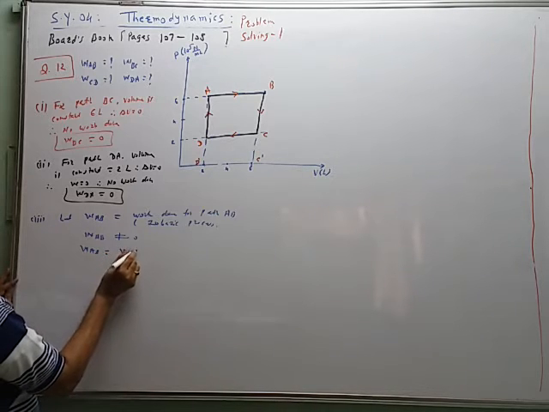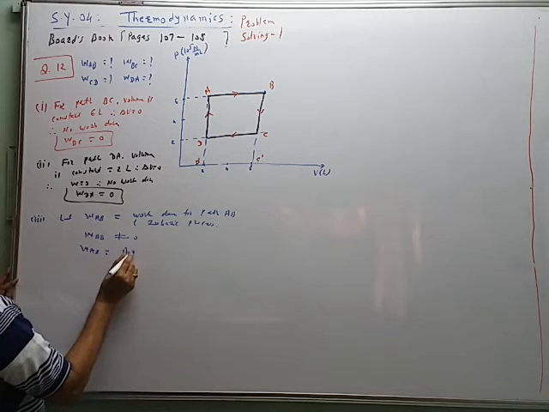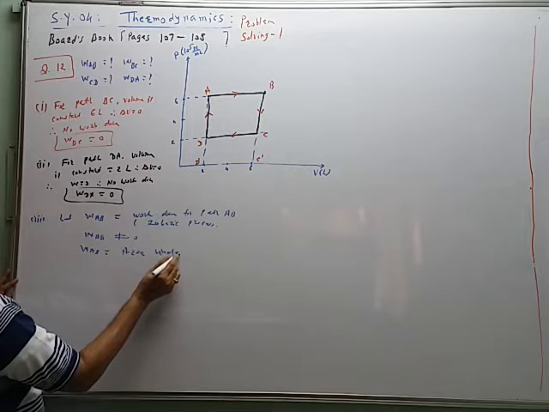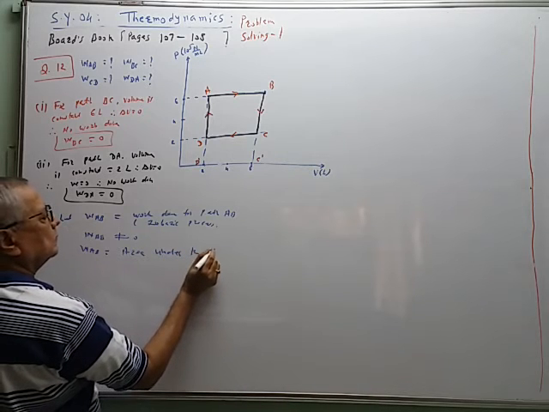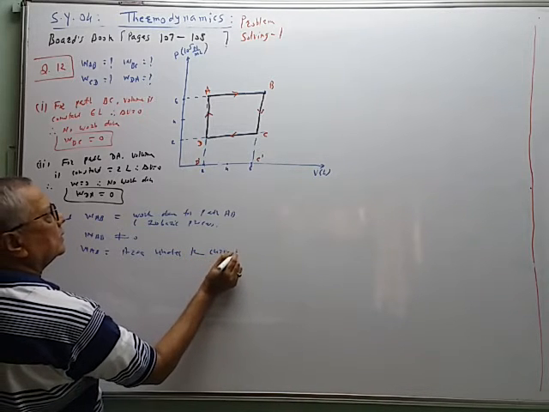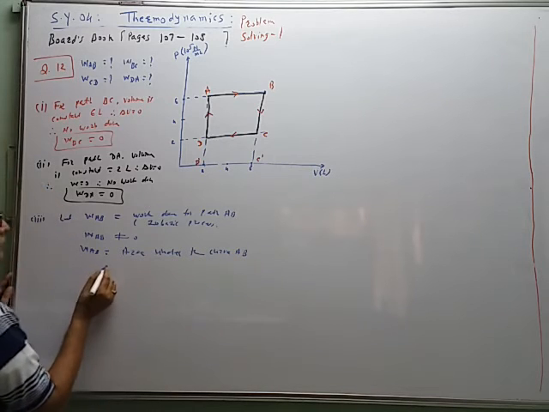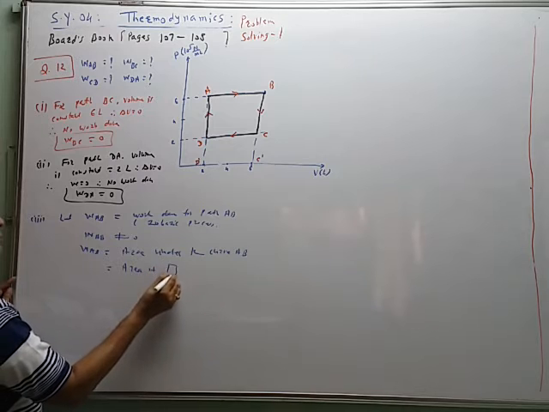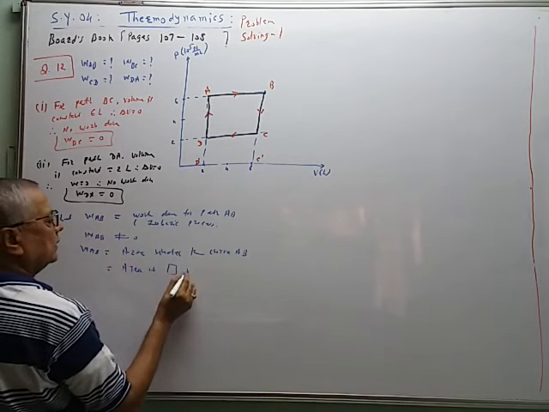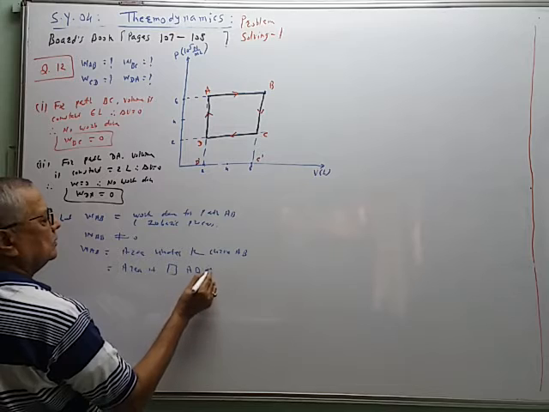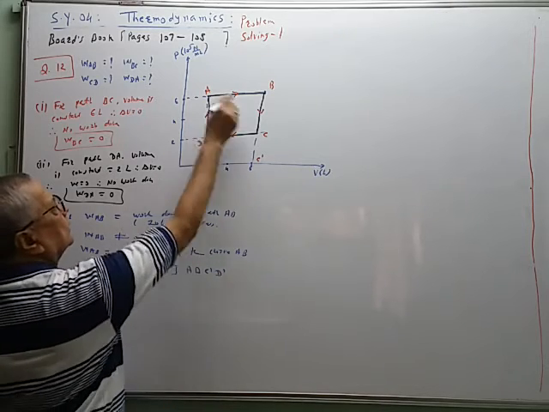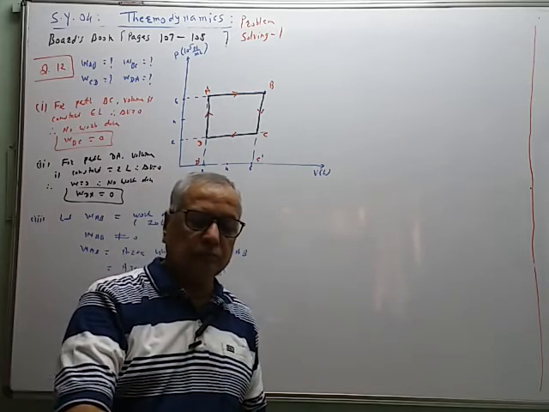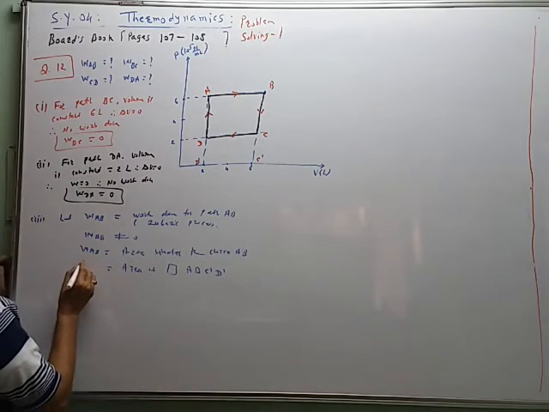WAB is equal to area under the curve AB, so that is equal to area of the parallelogram A, B, C dash, D dash. हाँ तो एरिया इतना था. And therefore this equation is important.